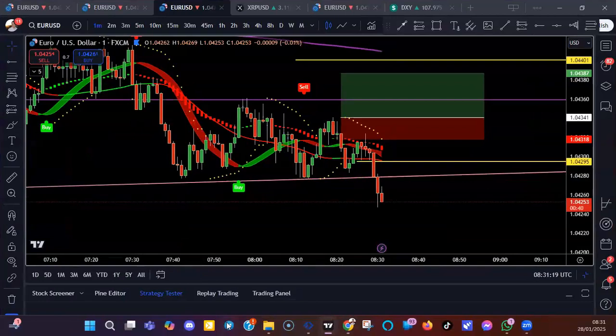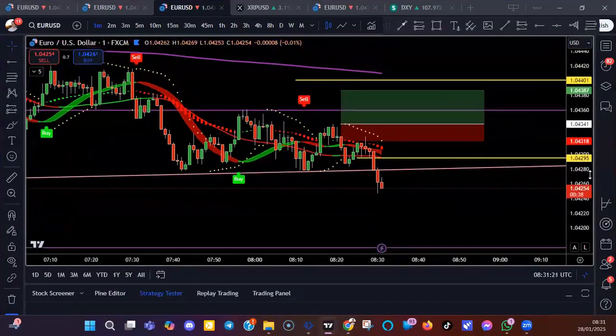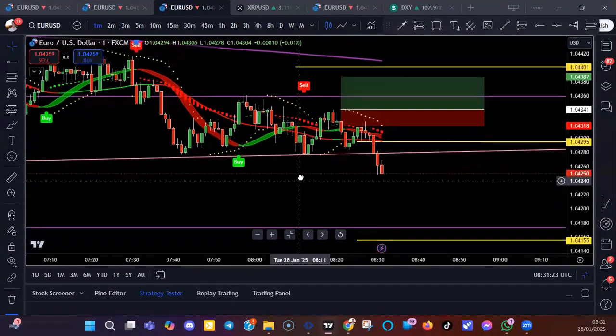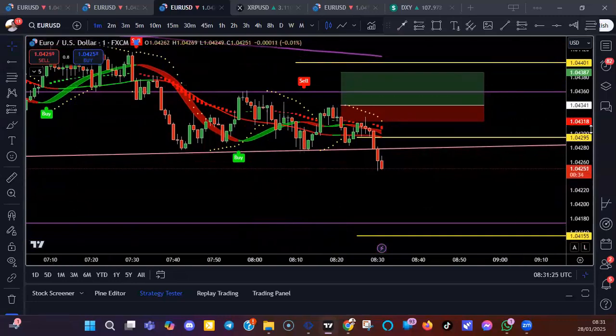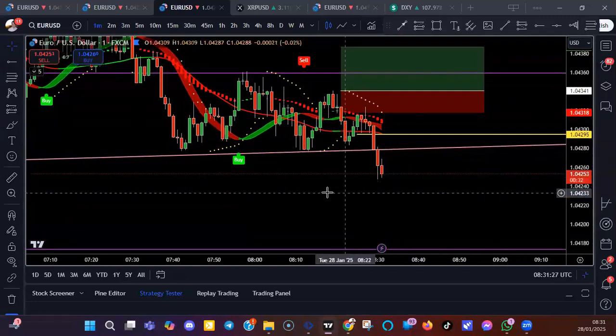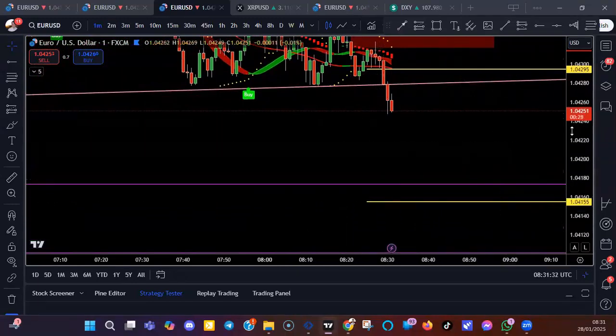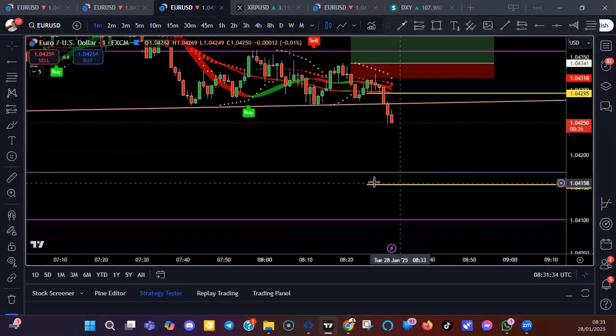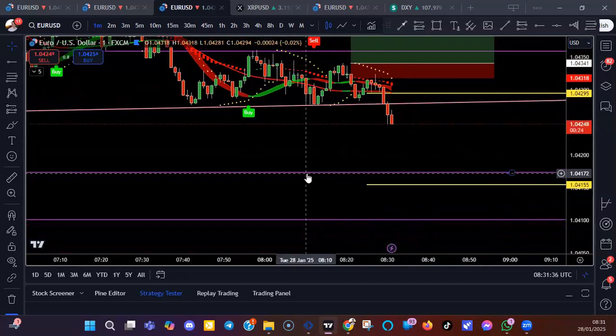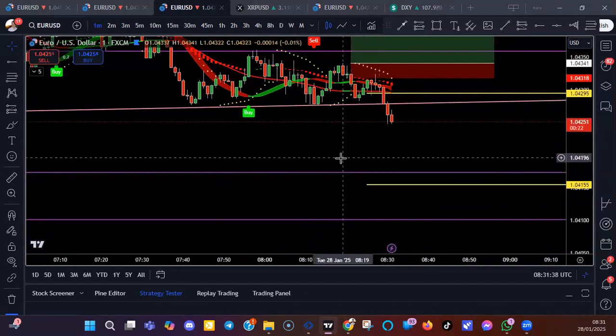So in the meantime, oh look, we've broken that trend line. So the scenario is we could very well be going down to this buy zone down here, but it's very precarious because we're in a buy zone area.